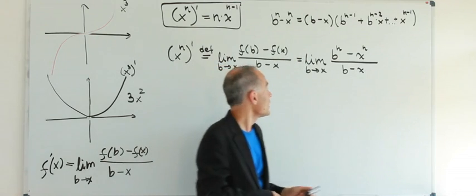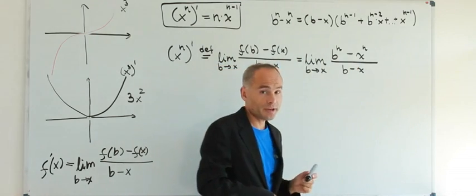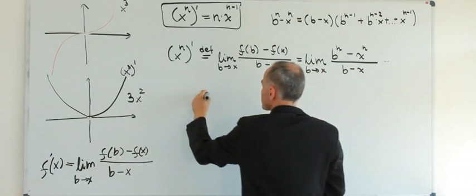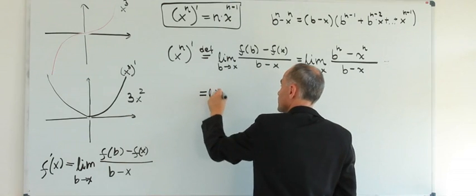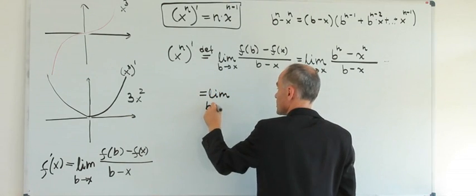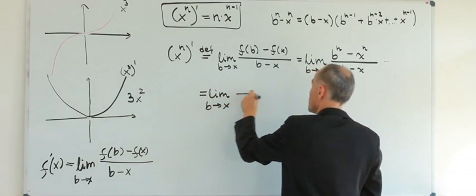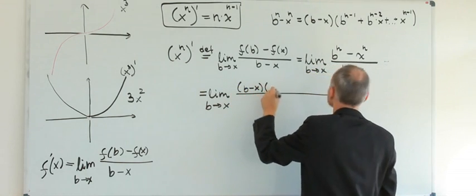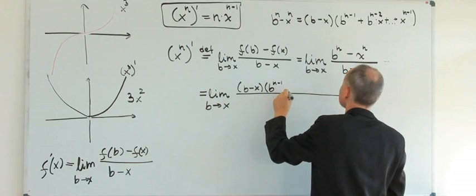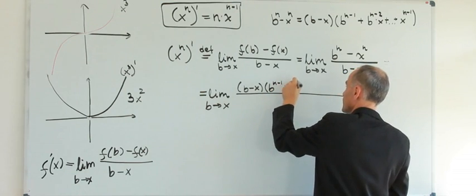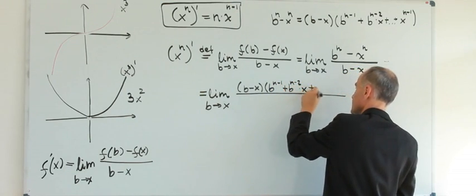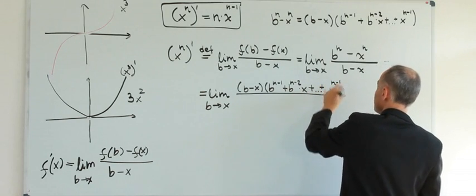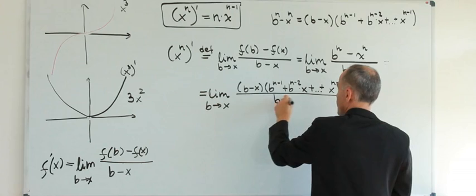Okay, so now I'm rewriting the numerator. I get the limit as b approaches x of b minus x times b to the n minus 1 plus b to the n minus 2 times x, these other terms, and the last term x to the n minus 1, divided by b minus x.